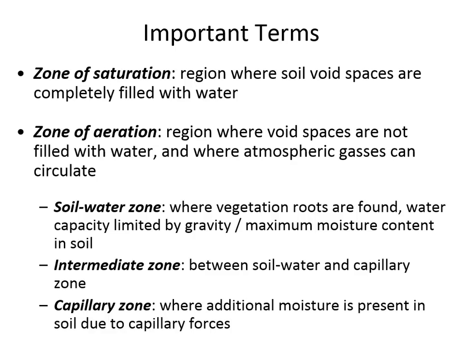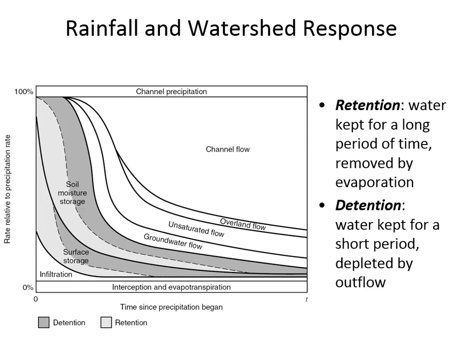And also you're closer to the air surface, and so that may enhance evaporation of moisture from the surface in the soil water zone. The capillary zone down beneath has a little bit more moisture than you'd see maybe just from gravity drainage because of capillary forces, and then the intermediate zone is just in between those two.